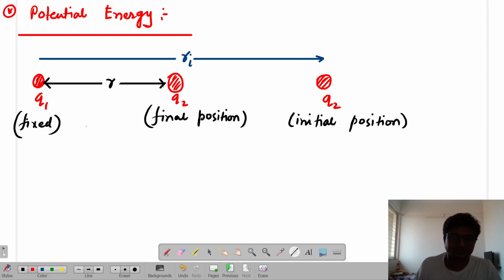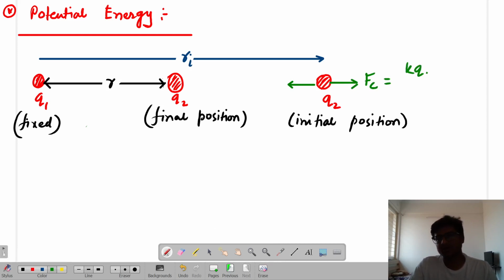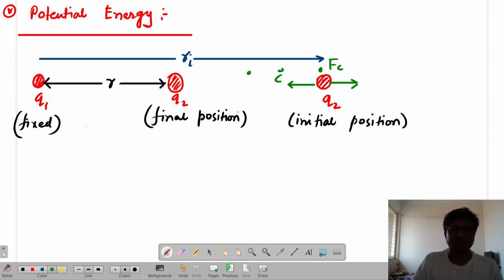Now you know that when I'm bringing this charge towards this side, this particular charge Q2 is experiencing a Coulomb force over here or not? And that Coulomb force is F = kQ1Q2/r². One thing is very interesting here: as I am varying the distance, here the Coulomb force is different, here it is different, here it is different or not, and as I bring it much closer to Q1, it will experience more Coulomb force, and more work will be done as I am bringing it nearer and nearer.